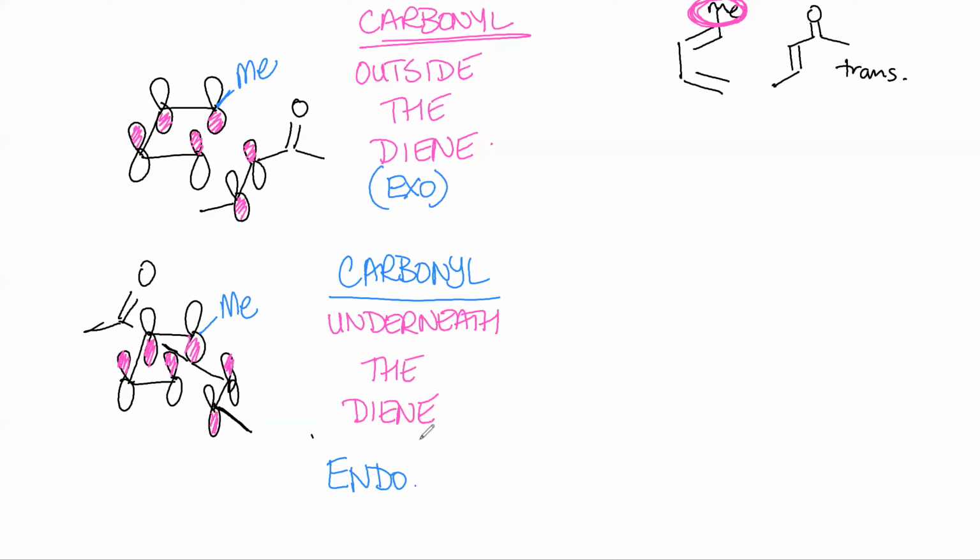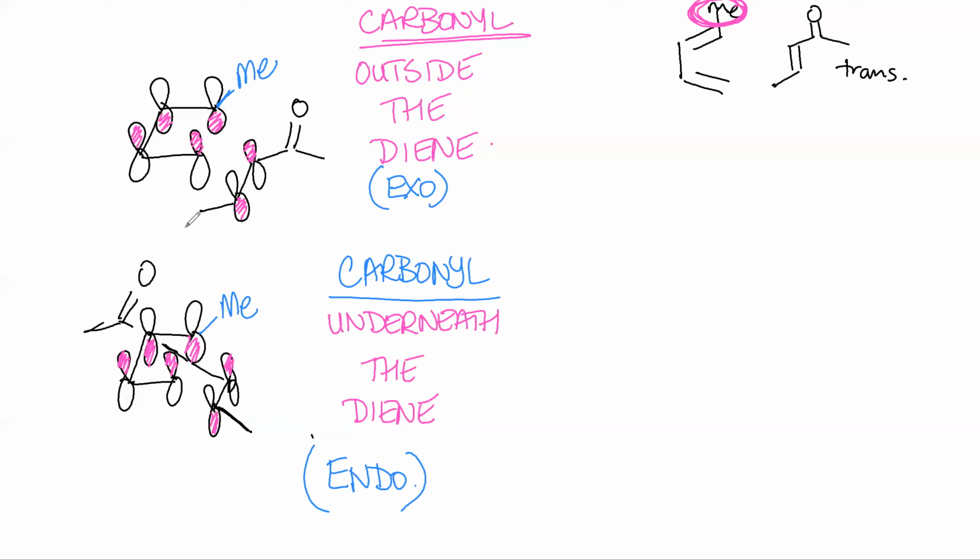Now, in the case of this trans system, in one instance the methyl group's underneath, in one instance the methyl group's outside. But what determines if something's exo or endo is the carbonyl or that electron withdrawing substituent, which is sp2 hybridized.